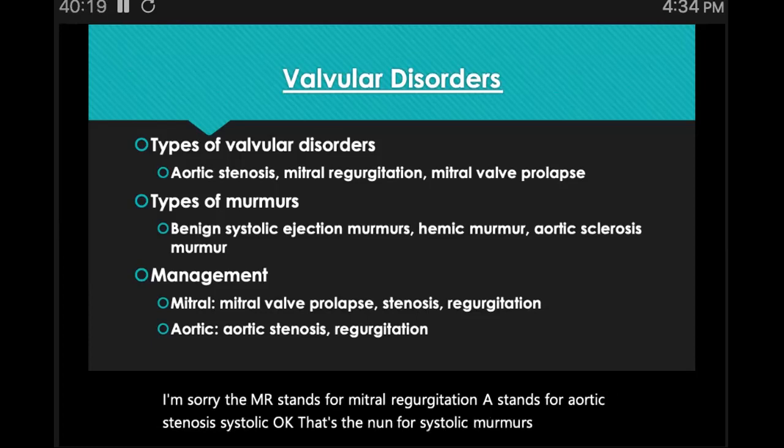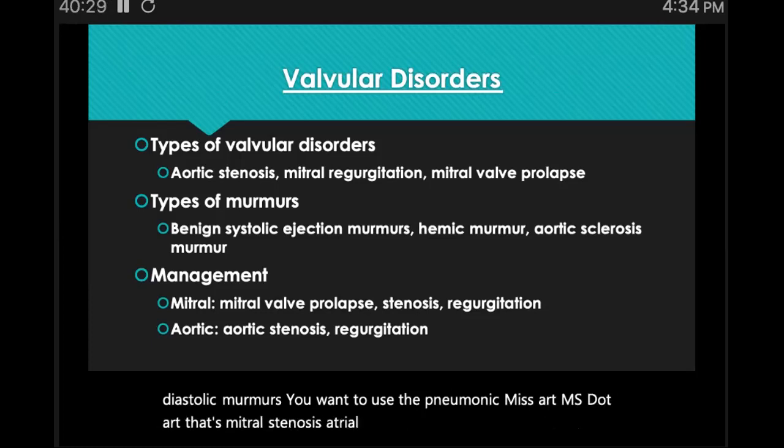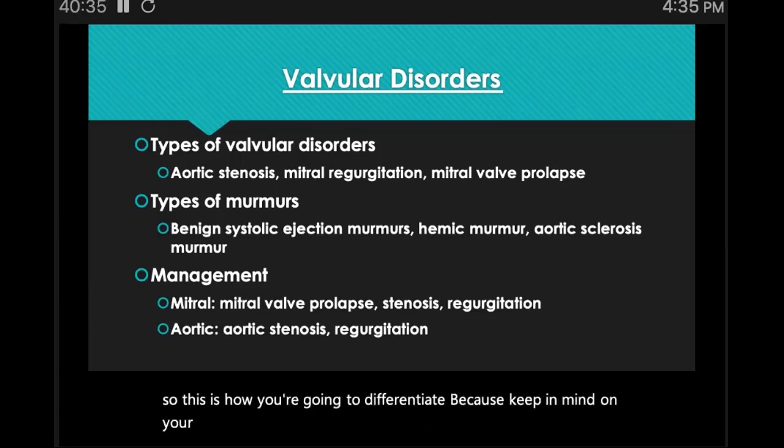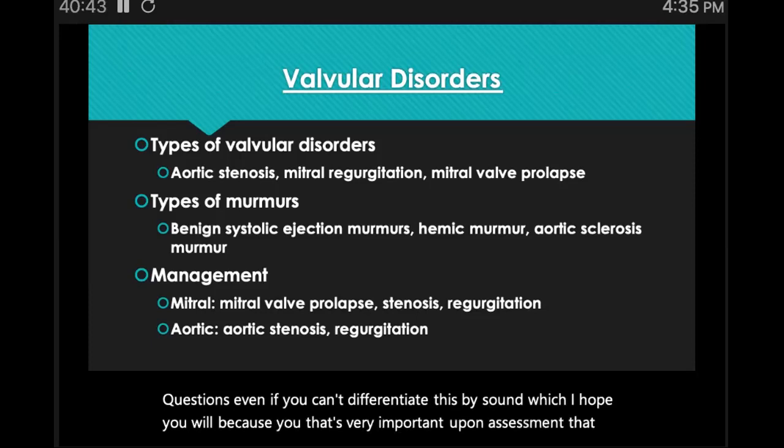Versus diastolic murmurs, you want to use the mnemonic MS ARD, okay? That's mitral stenosis, aortic regurgitation, diastolic murmurs, okay? So this is how you're going to differentiate, because keep in mind on your exams, on your test questions, even if you can't differentiate this by sound, which I hope you will, because that's very important upon assessment, that you're able to differentiate these murmurs.